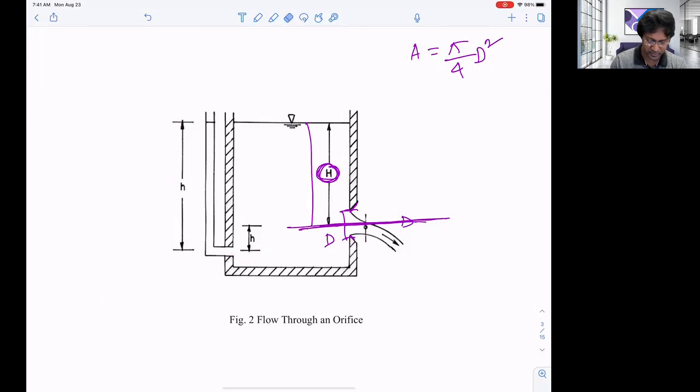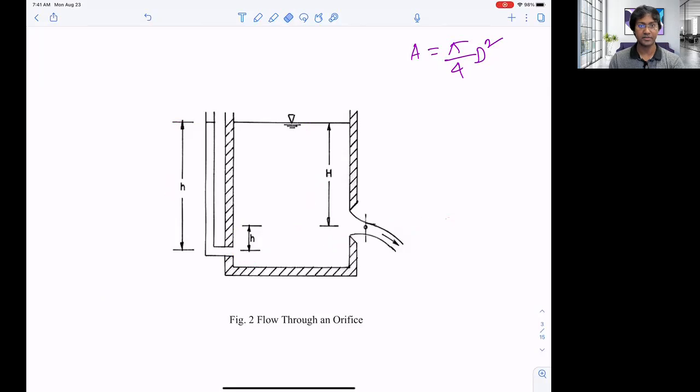It's a pretty simple equation for an orifice. We'll apply Bernoulli's principle, because that is an application of Bernoulli's principle. We're considering this point, point A, and we have another point at the top of the water, point B. We're going to apply Bernoulli's principle between these points.